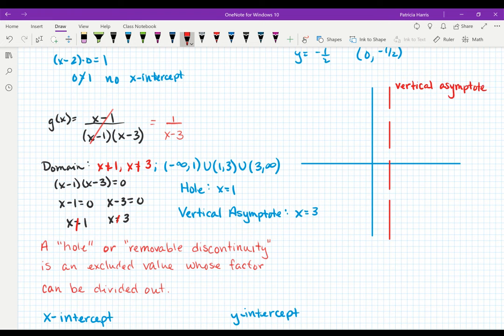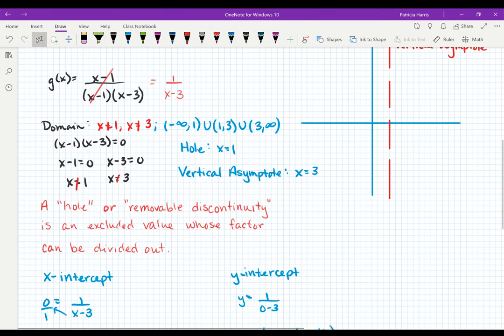The next thing I'm going to graph is the hole. When you graph a hole, what you want to do is use the most simplified form.